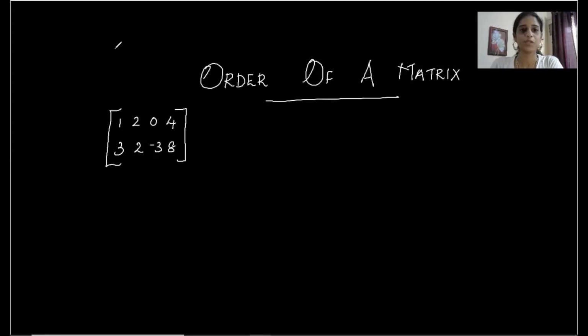Matrix 1, 2, 0, 4, 3, 2, -3, 8. The order of this matrix is 2 by 4. This is just a representation, and we usually read it as 2 by 4. How did you get this 2 and 4? We'll show you.